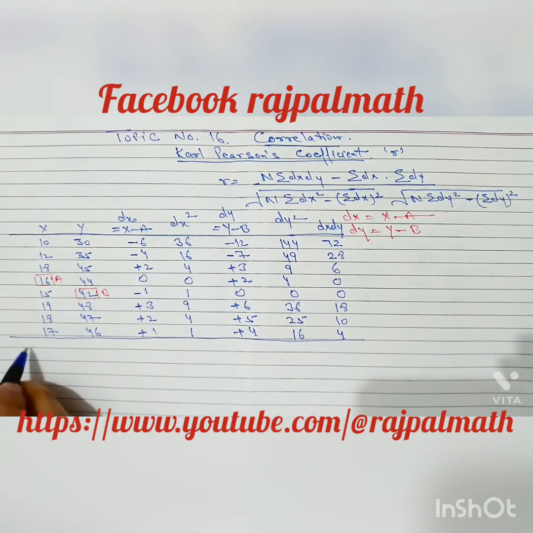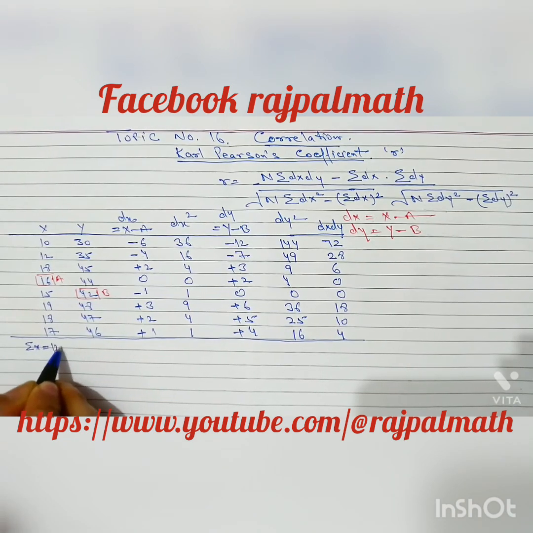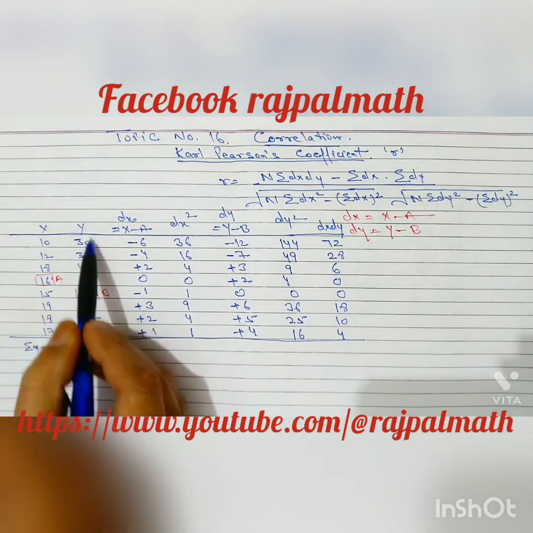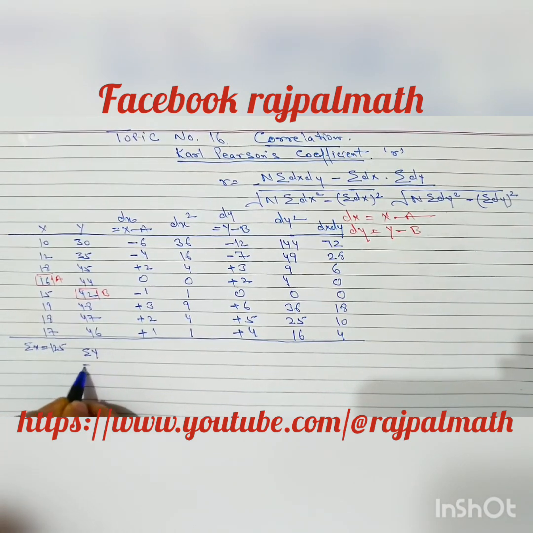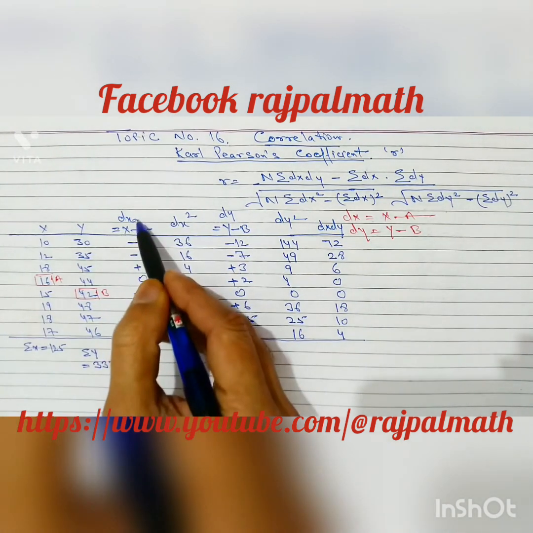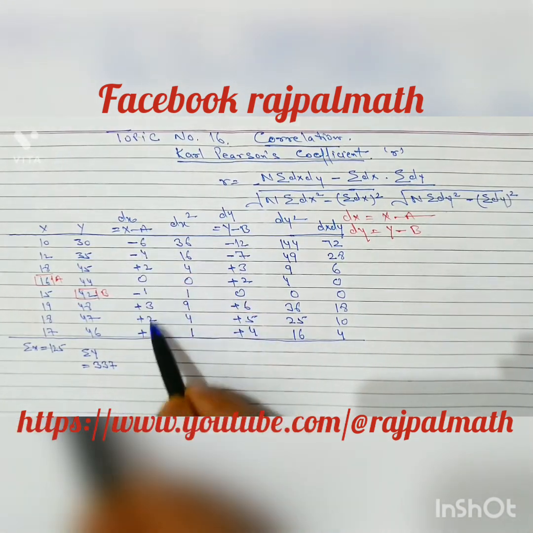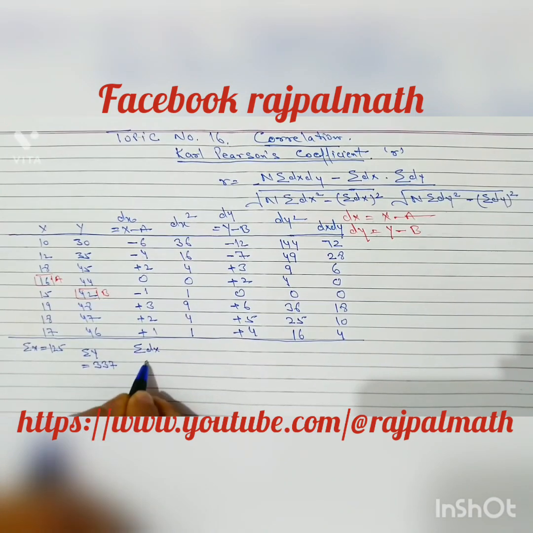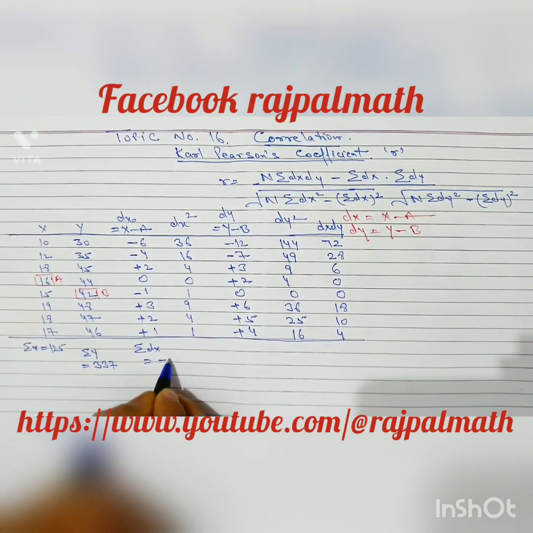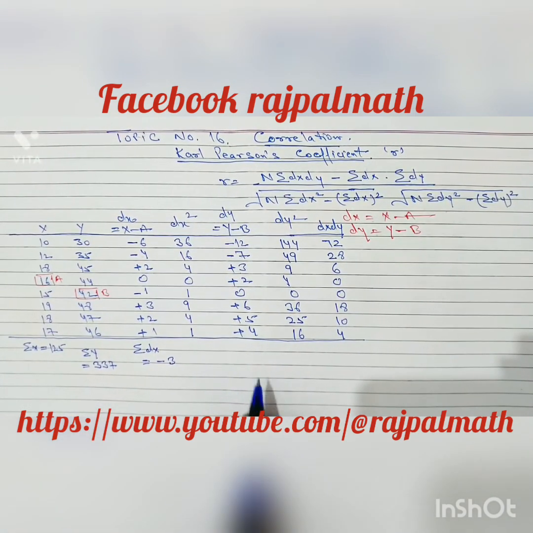Then we get summation x equals 125. By adding the y series we get summation y equals 337. Then by adding dx, summation dx equals minus 3. Clear?